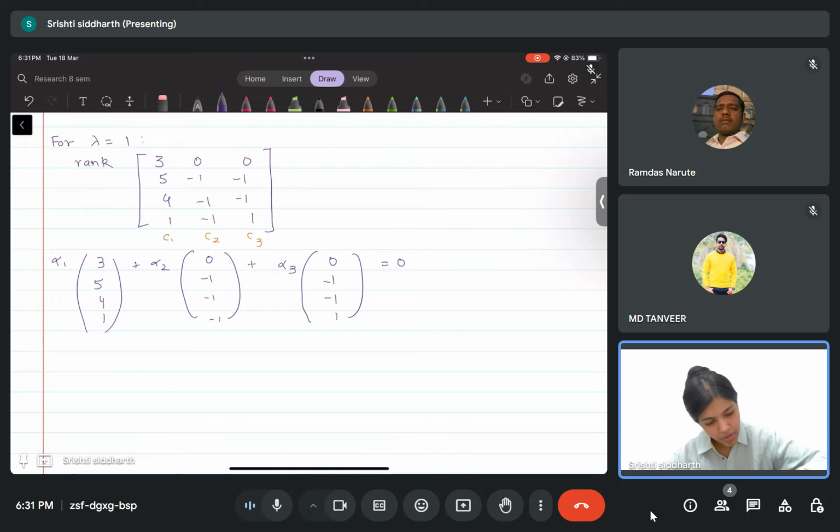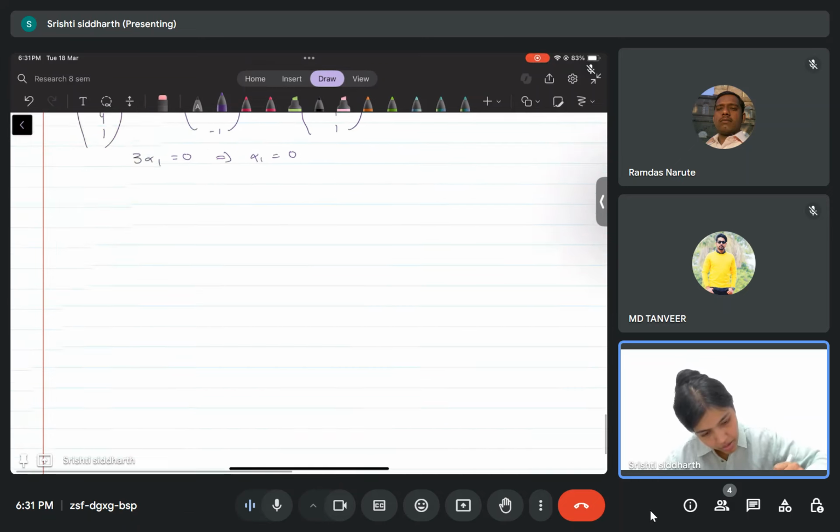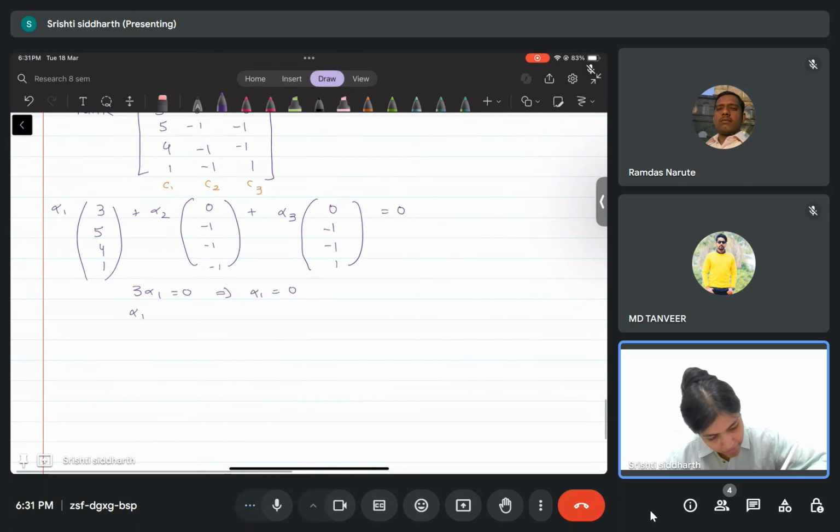So you can simply see the first equation implies that alpha 1 is 0. The last equation was simpler: alpha 1 minus alpha 2 plus alpha 3 equals 0, which implies alpha 3 equals alpha 2.